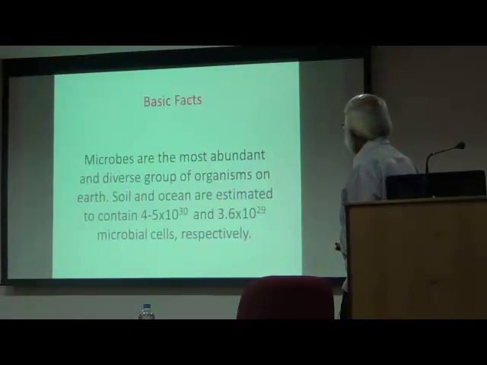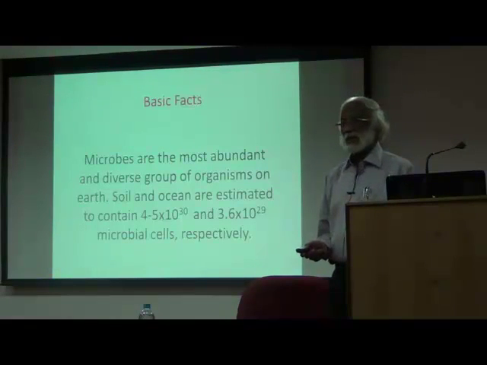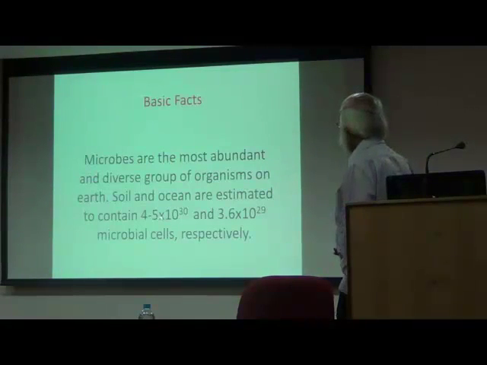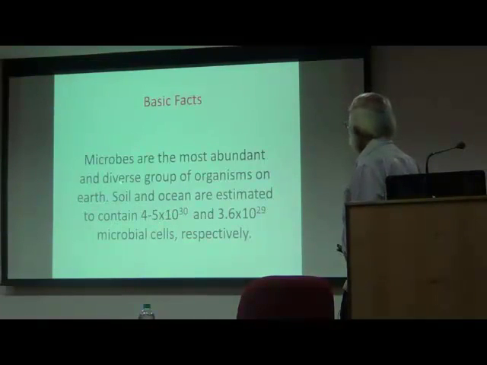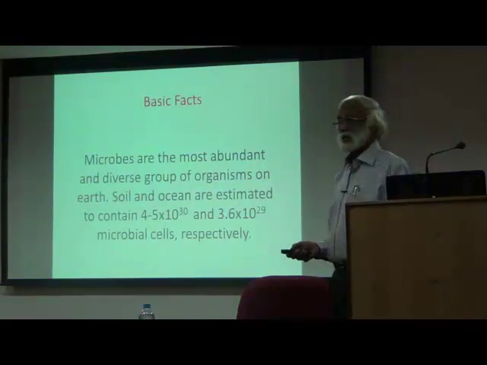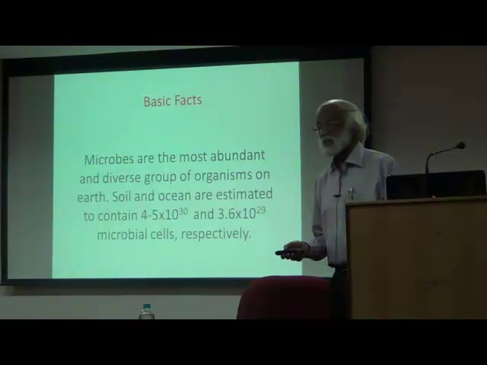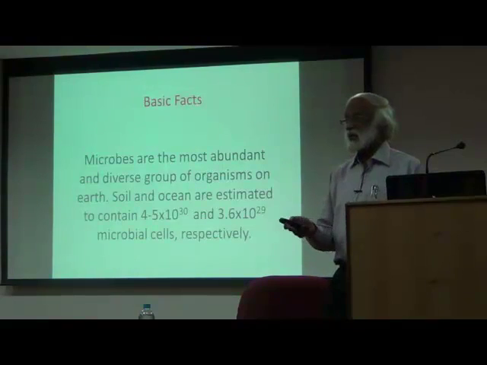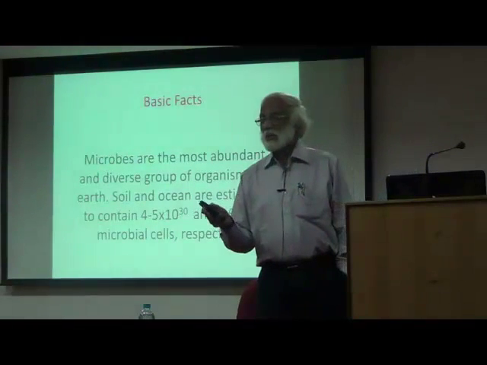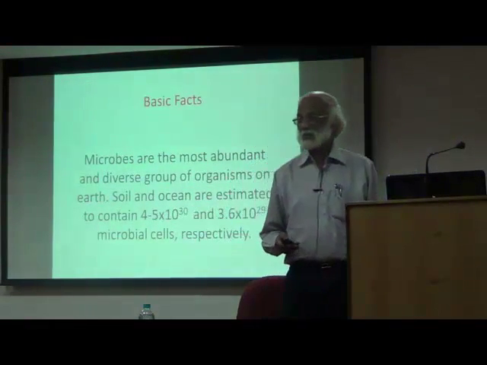Some of you may not know, microbes are the most abundant living systems in the globe actually. There are 10 to the power of 30 organisms in the ocean and the soil, and an equal number in the ocean. But we know of less than 1% of these organisms.